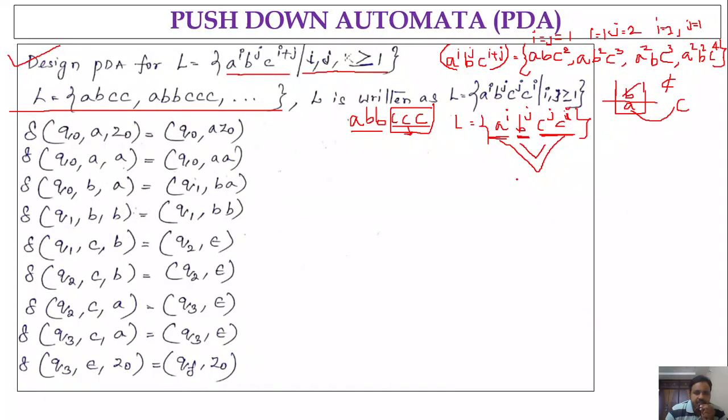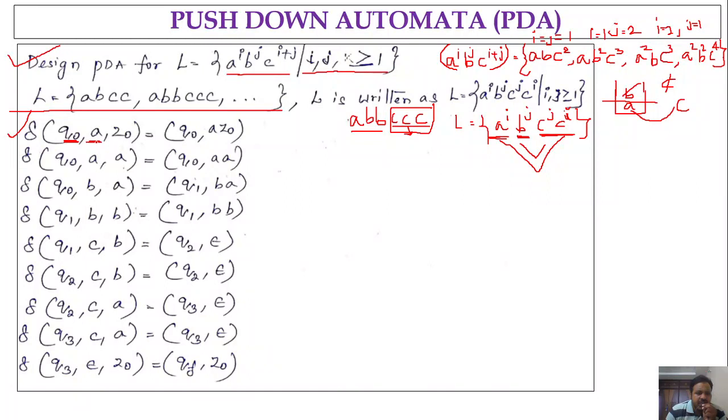Okay, so let us have a look at the mathematical transition function here. I am taking the starting state as q naught, so I am writing the transition function delta of q naught, that is, we are starting with the initial state q naught.